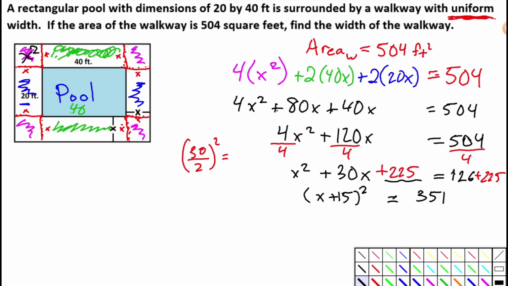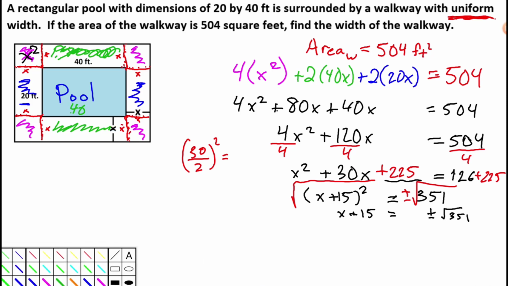Okay, next step. Now completing the square, this is just a simple algorithm over and over, same thing. So we're going to get x plus 15 is equal to plus or minus the square root of 351. And we're almost done here.